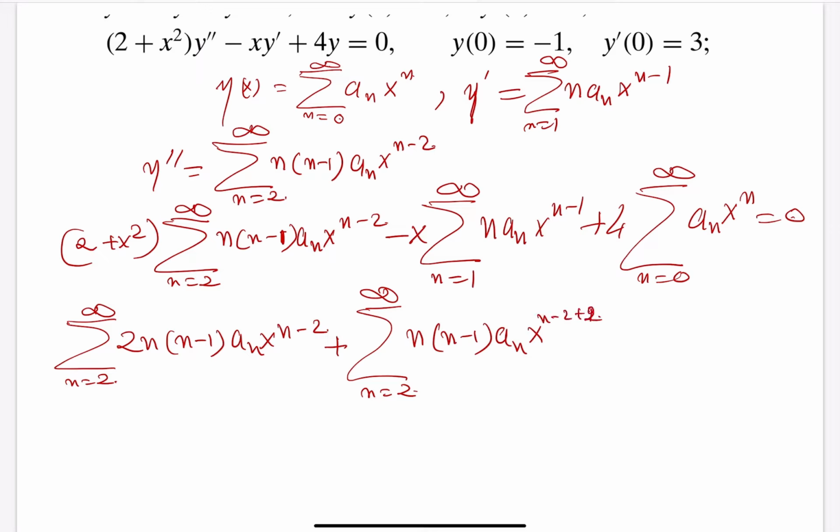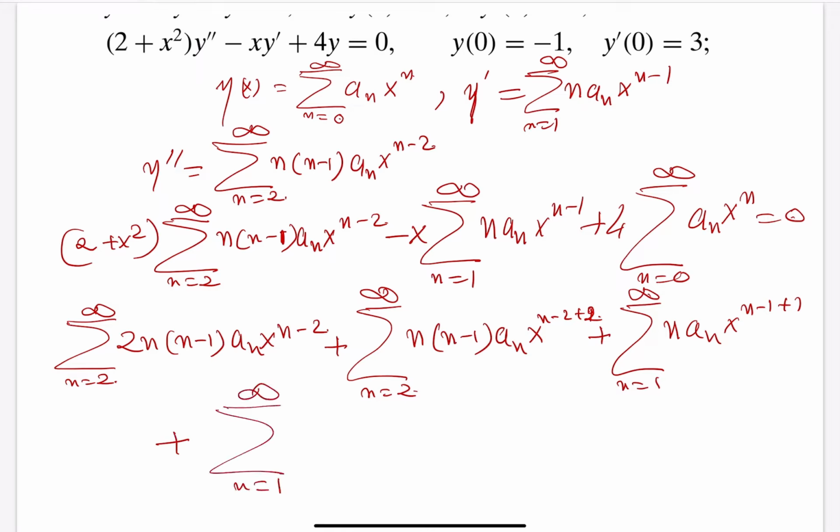Then you can put this one inside. You have the series going from n equals 1 to infinity of n a_n x to the n minus 1 plus 1, and then plus the series going from n equals 1 to infinity. And you can move the 4 inside, x to the n, equal to 0.